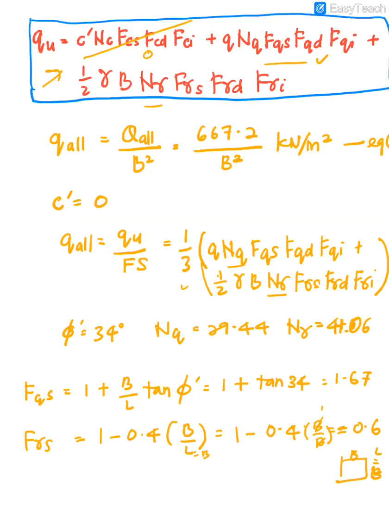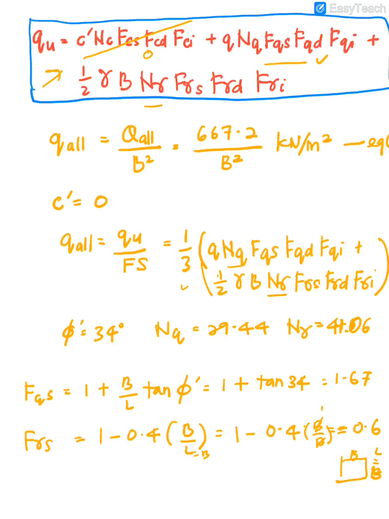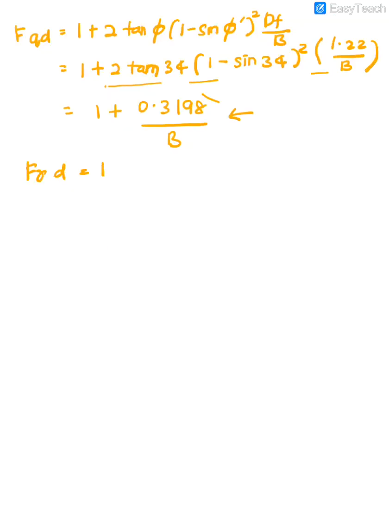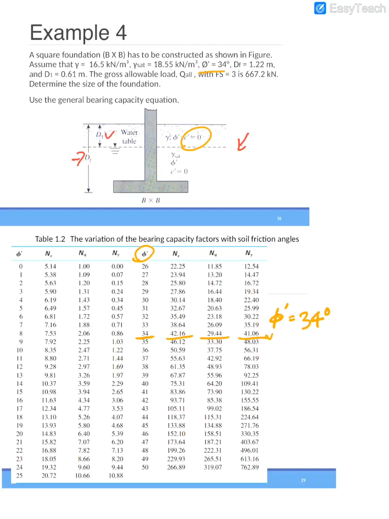When you have all the values, one more thing: in the equation, you have to get the q. Now, in this example, there is groundwater.